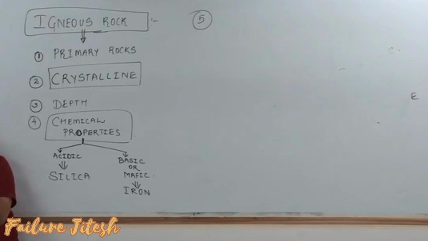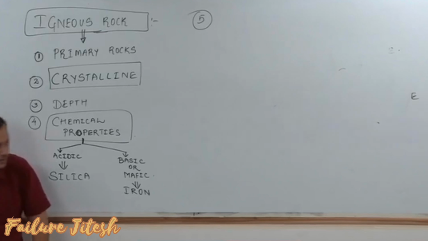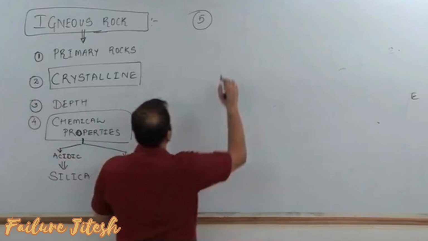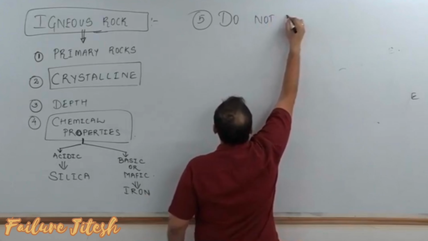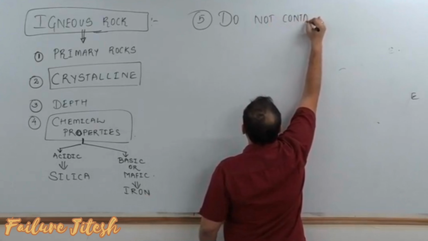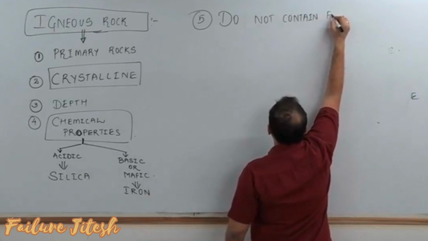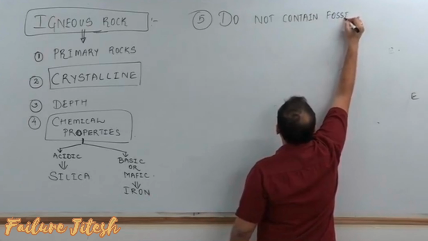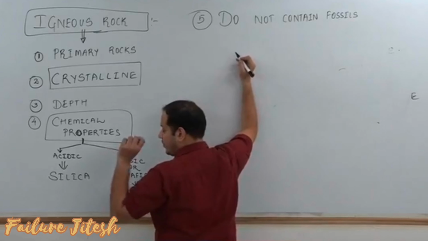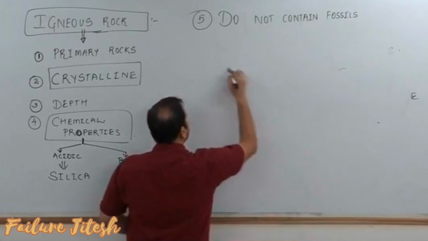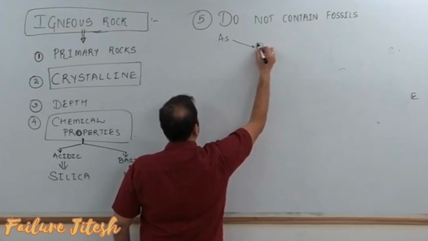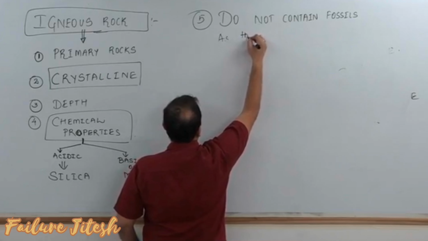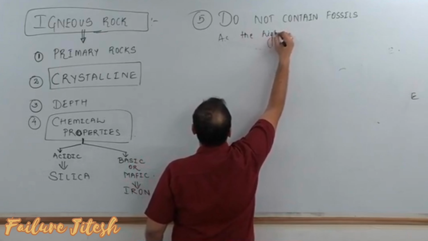No. So because of high temperature, the fossils are destroyed. So remember, they do not contain fossils. Fossils are found only in the sedimentary rocks, as the high temperature destroys the fossils.